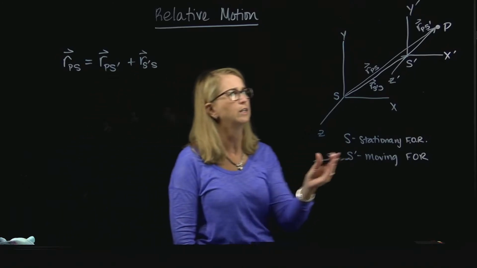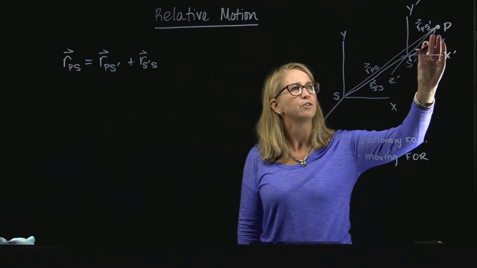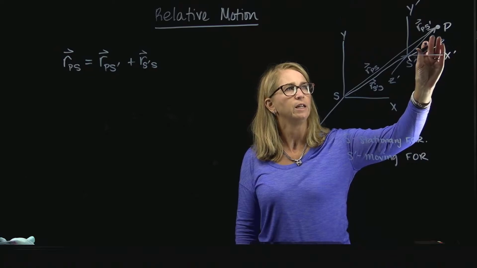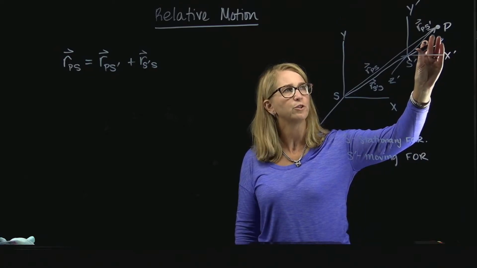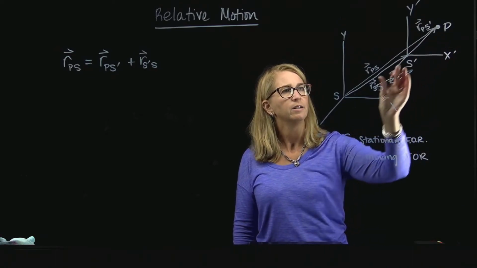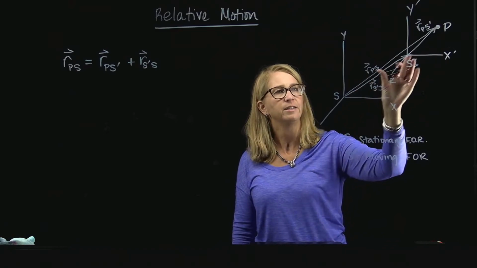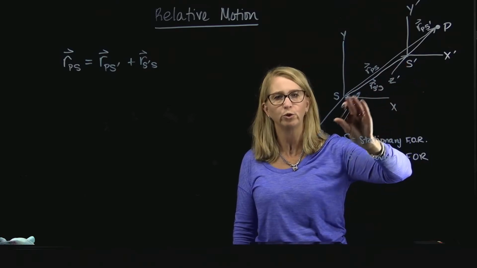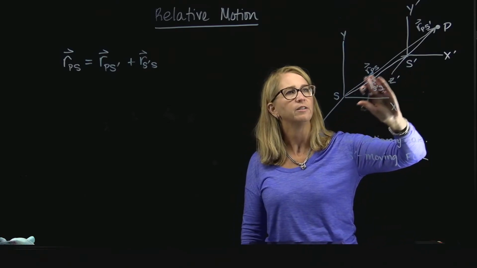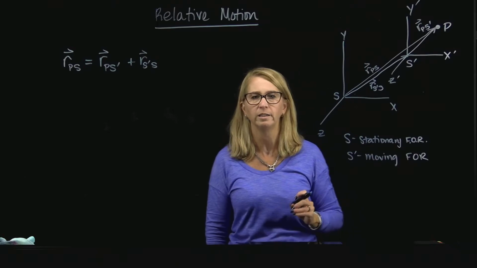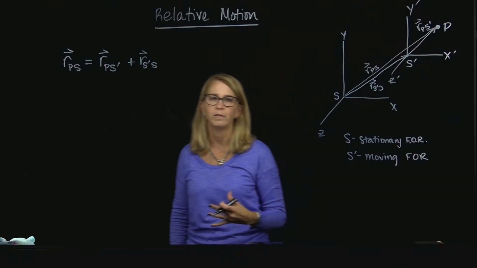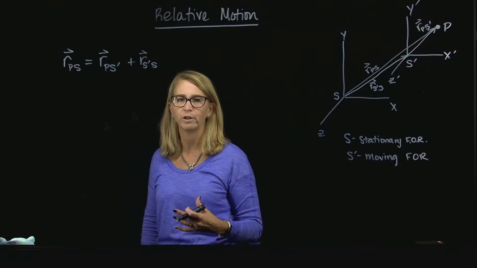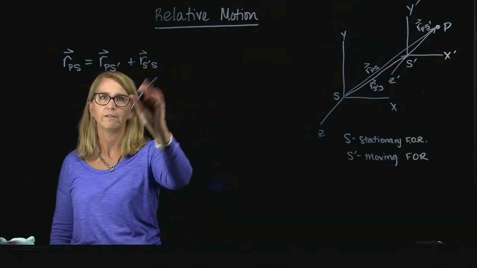When I look at the vectors, the position of point P measured in this moving frame of reference is shorter, and you need to add the vector that goes between the two frames of reference, and then finally completing the polygon is the position of point P with respect to the stationary frame of reference. And that's what we have here.